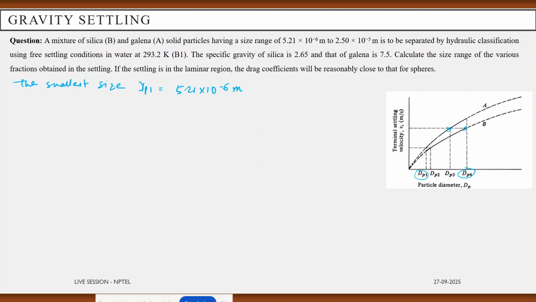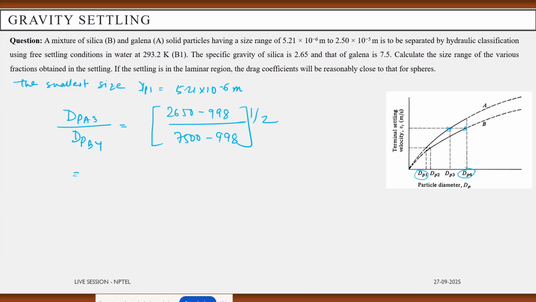Following the laminar regime, we get dpa3 over dpb4 equals the ratio from here.